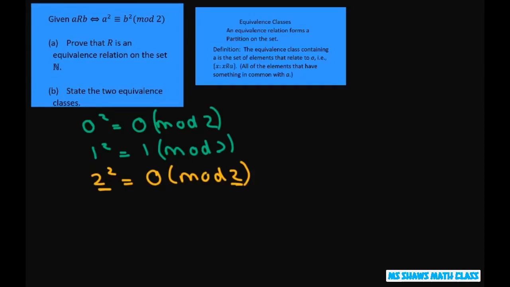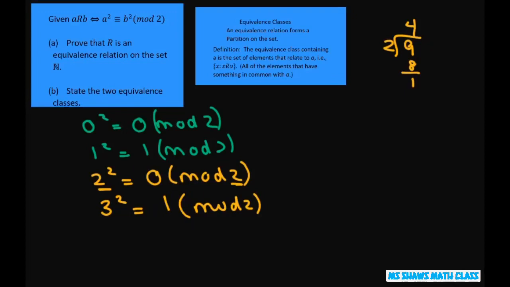So that's 0. And then let's do 3 squared, we do mod 2 here. So if you take 9 and divide it by 2, you're going to get 4 and remainder 1. So that your remainder is 1.